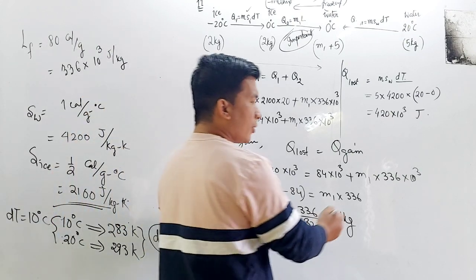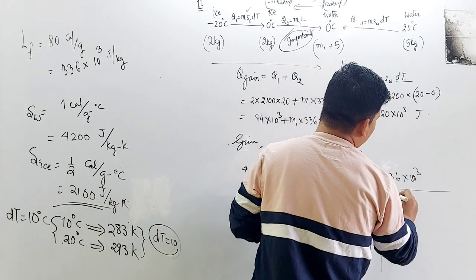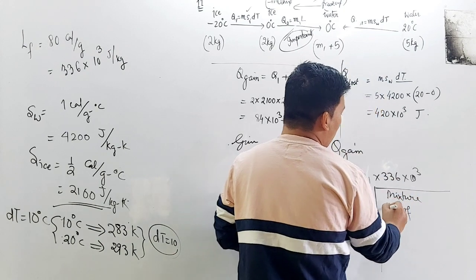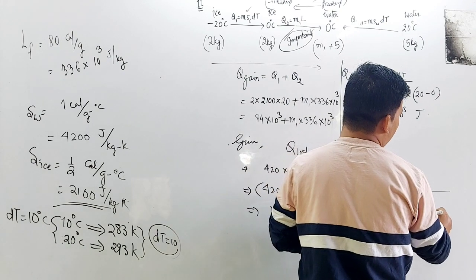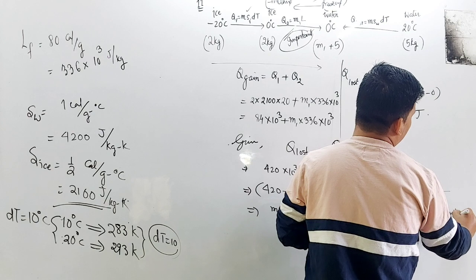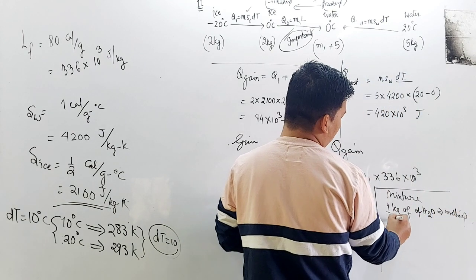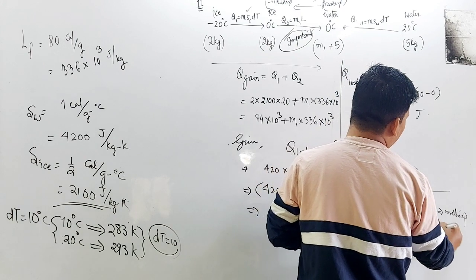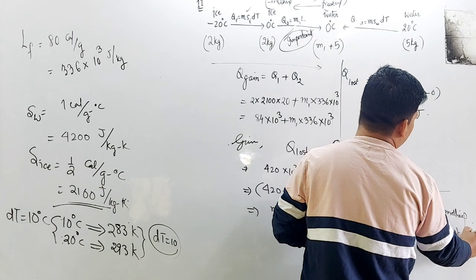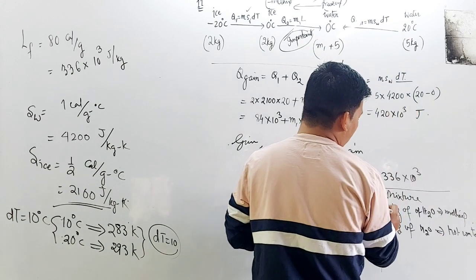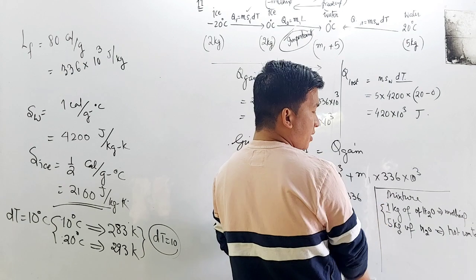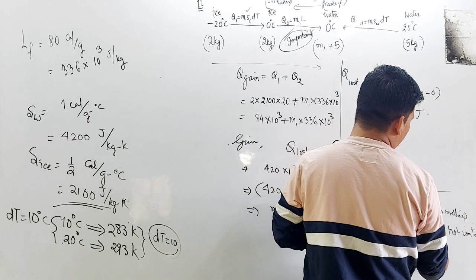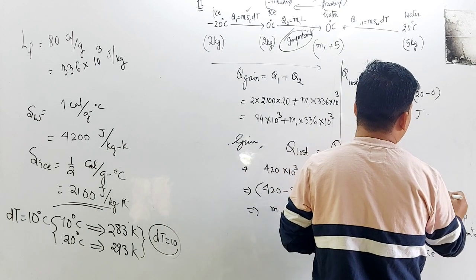So what is the mixture? There is 1 kg of water from our melting process, plus 5 kg of hot water, so altogether 5 plus 1, 6 kg of water. Next, 1 kg of unmelted ice, and this will be maintained at 0 degree Celsius.